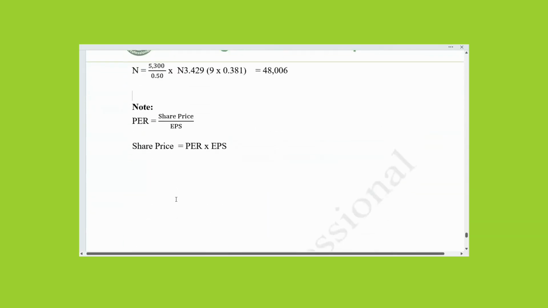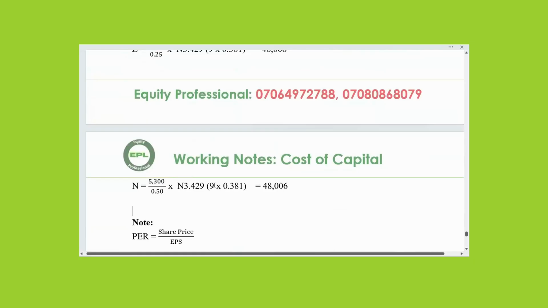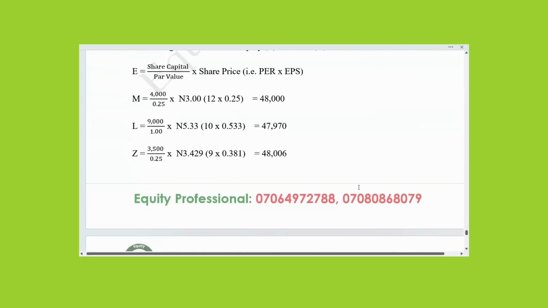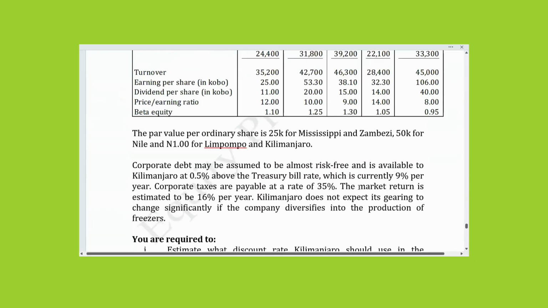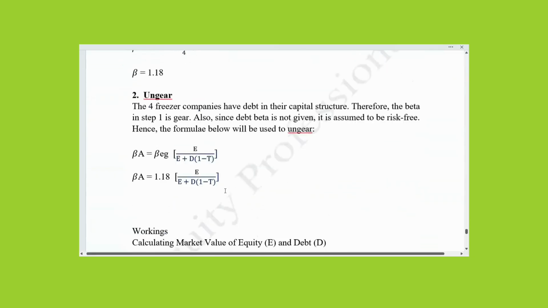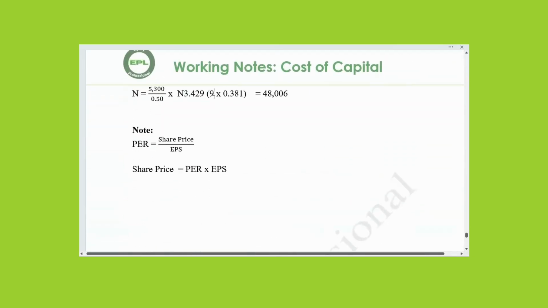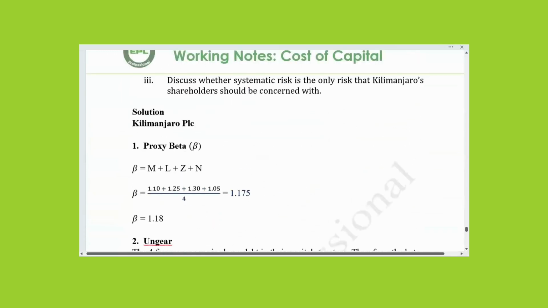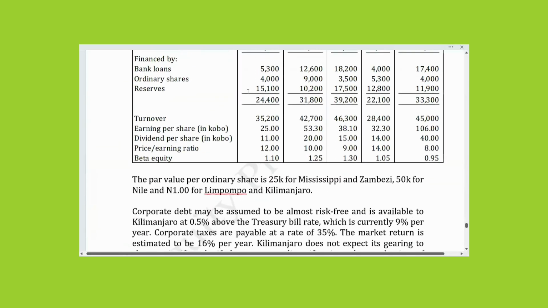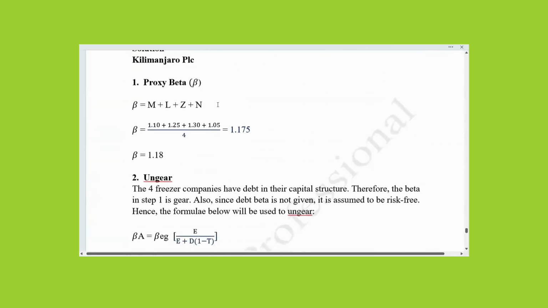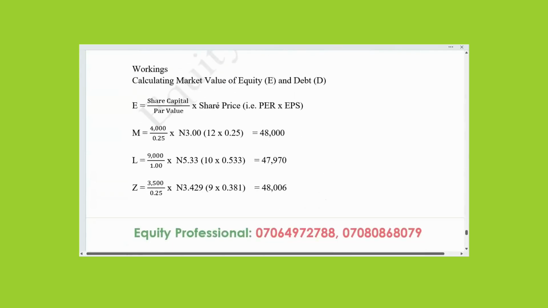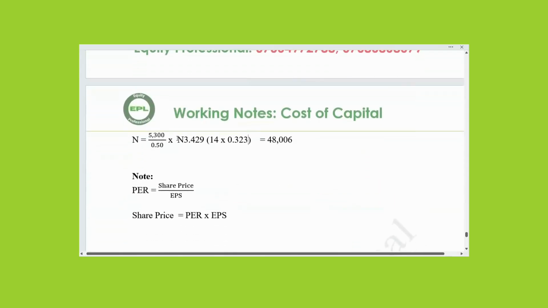Here is it 14? Let me check again. Here is 14 multiplied by 0.323. Is it 323? Let me check. Yes. So what do you have?